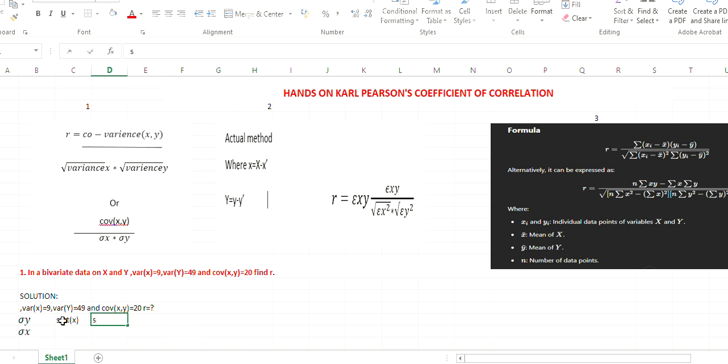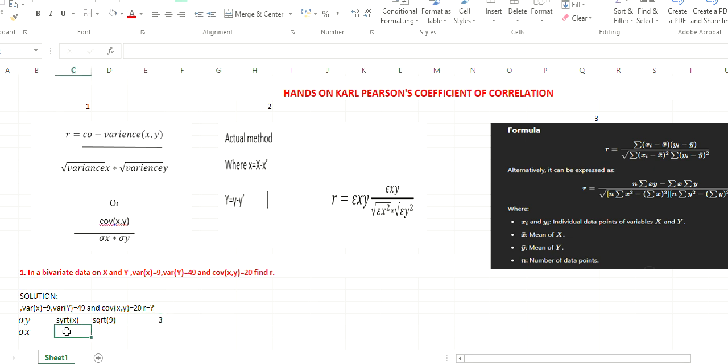That is the square root of 9. What is the square root of 9? It is 3. So we got 3.